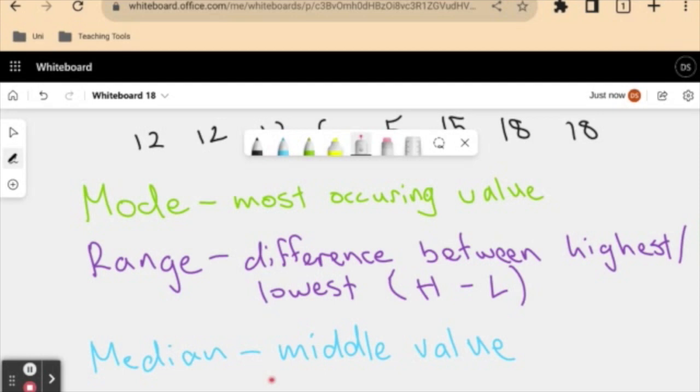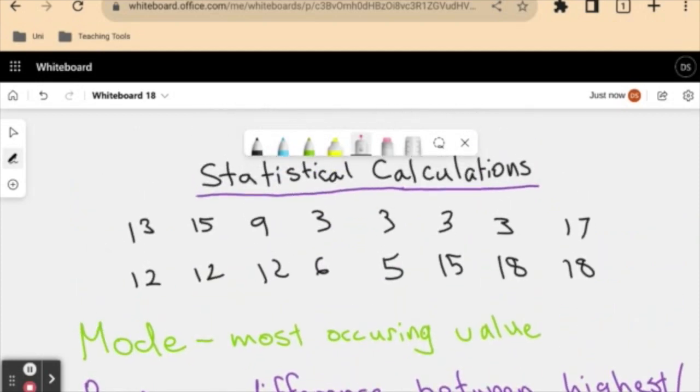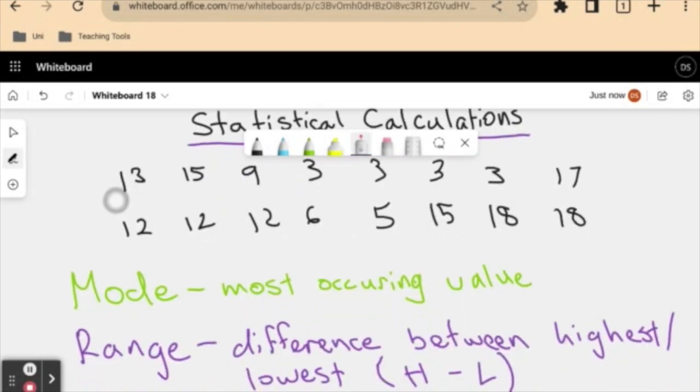So we actually see this as a recurring idea. Even here we had the difference between highest and lowest when we talked about the range. So a lot of these things imply that we should look at our data set in some kind of order. We want to order and arrange this data set in a way that goes from smallest to largest.